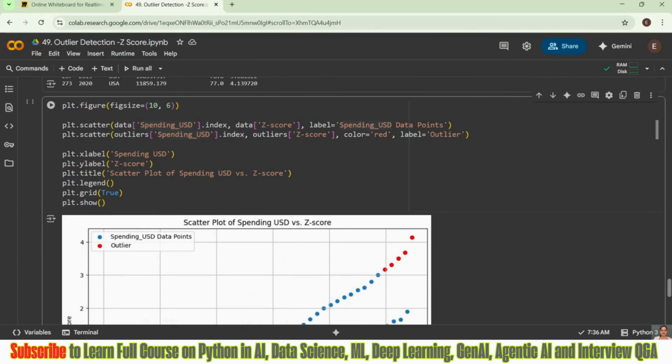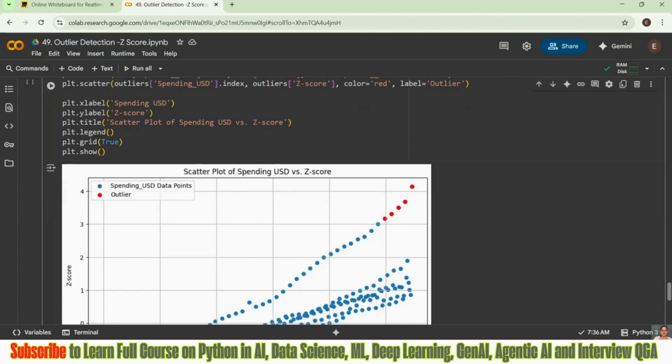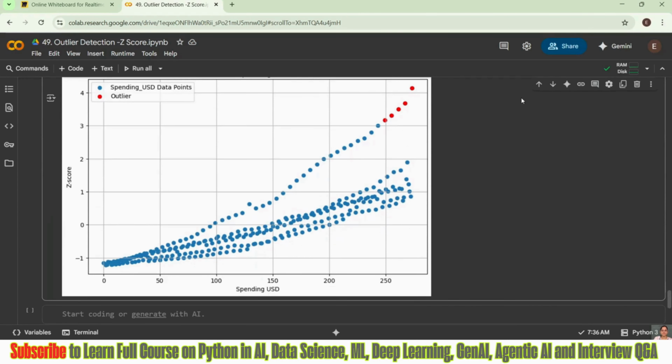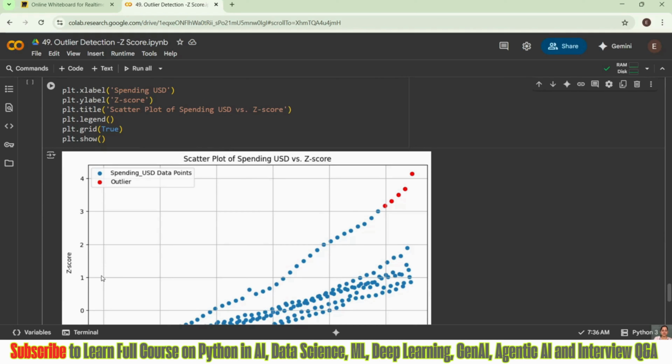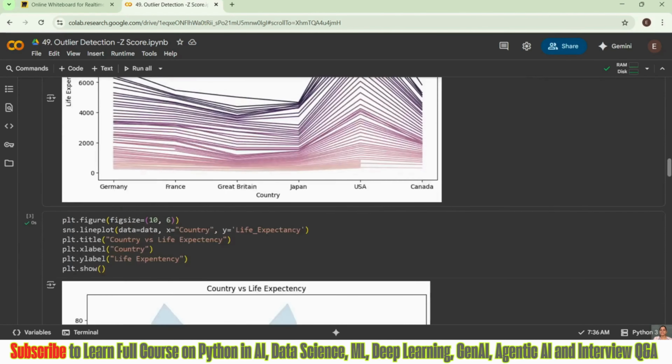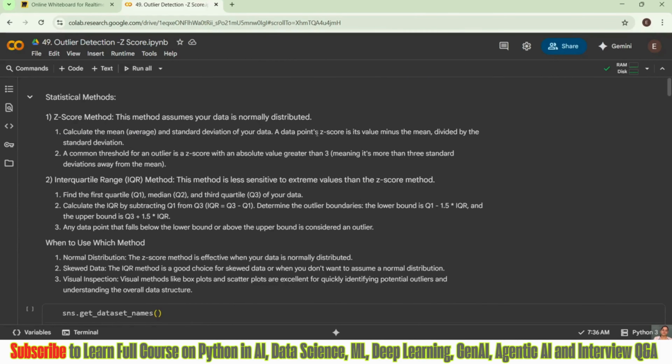This is my scatter plot, and I have taken one more scatter plot where I keep my outliers and give them the color red, and I have taken a grid. So this is how I'm getting my data, guys. These all are coming correctly, and these 5 points are your outliers. This is how we can detect outliers using the ZScore.